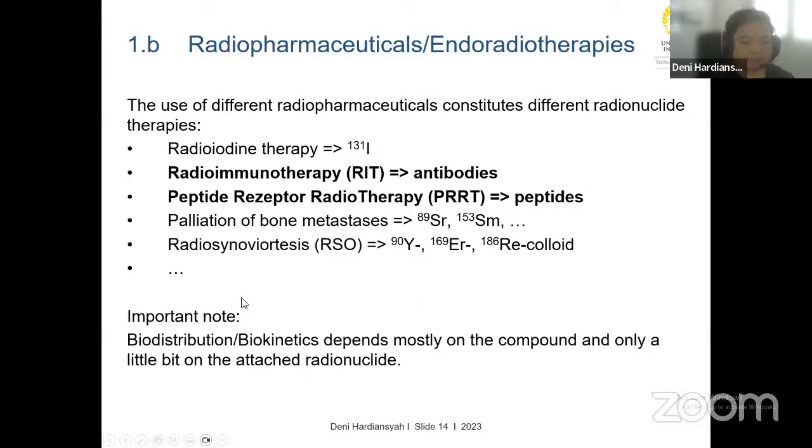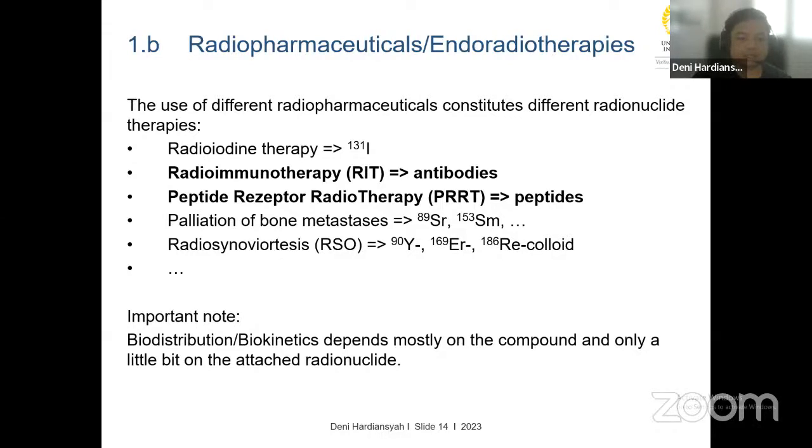And then one of the important notes is, remember that the biodistribution or the biokinetic, or in another word, we can say how the radiopharmaceutical drugs move inside of the patient body, depends only or mostly on the compound and only a little bit on the attached radionuclide. Because you know that we inject two things to the patient body.